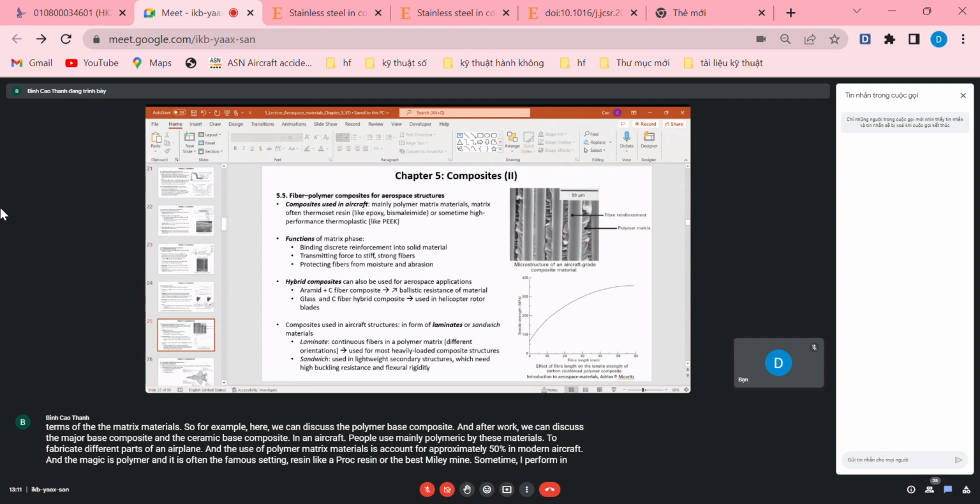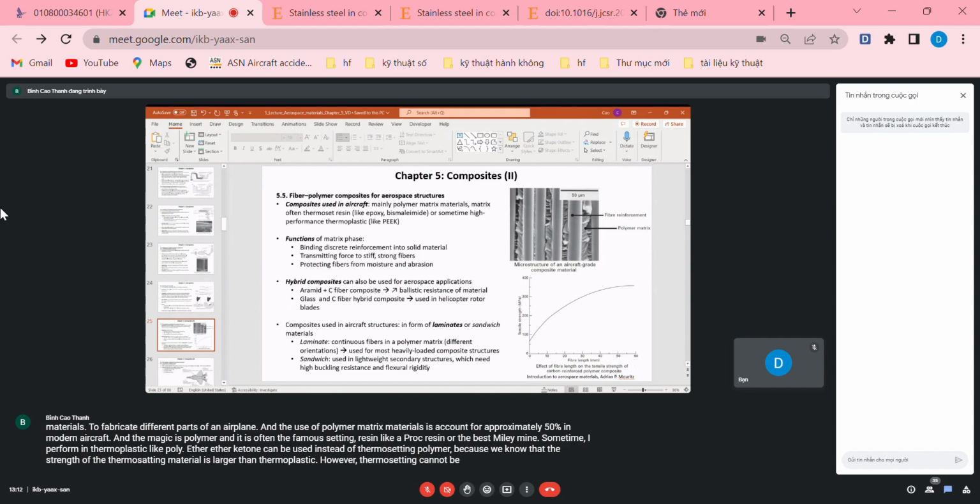Sometimes high-performance thermoplastic like polyether ketone can be used instead of thermosetting polymer, because we know that the strength of the thermosetting material is larger than thermoplastic.